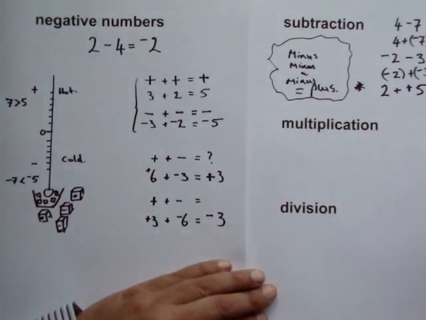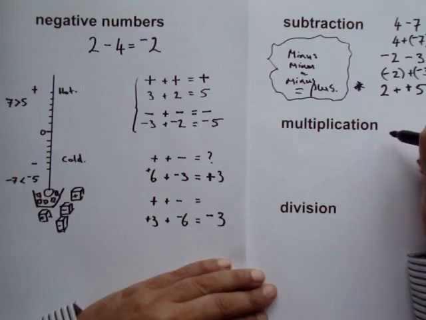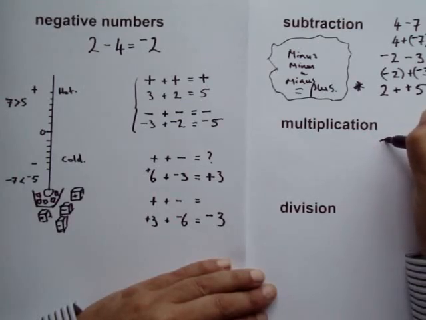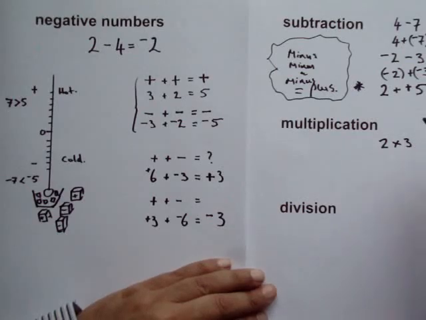Now let's look at multiplication. Say we have 2 times 3. So this is 2 plus 2 plus 2, and that equals 6.